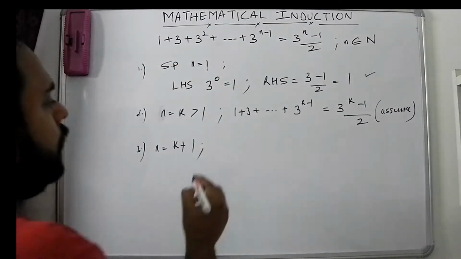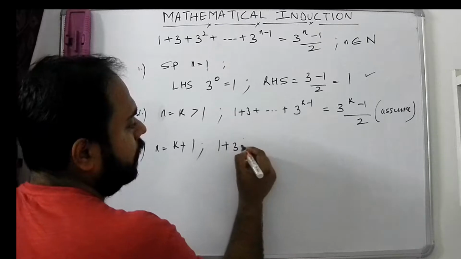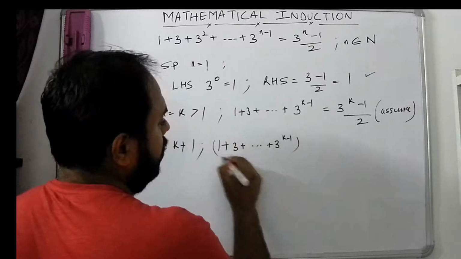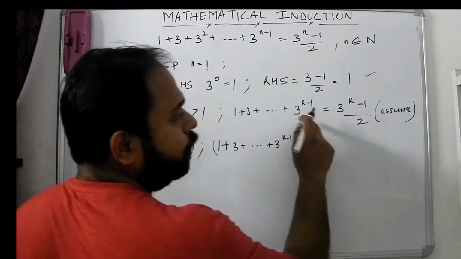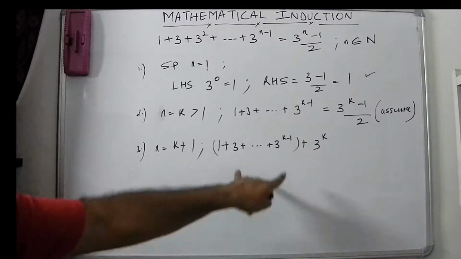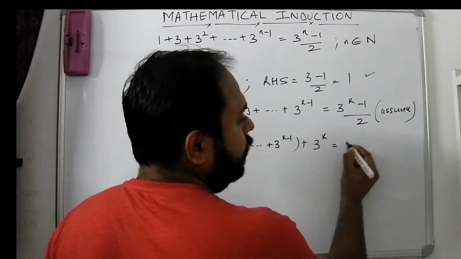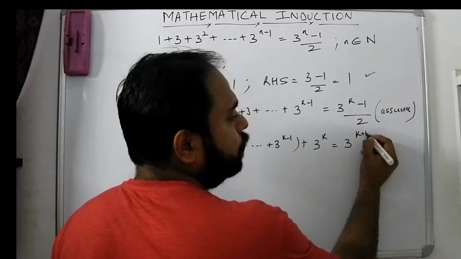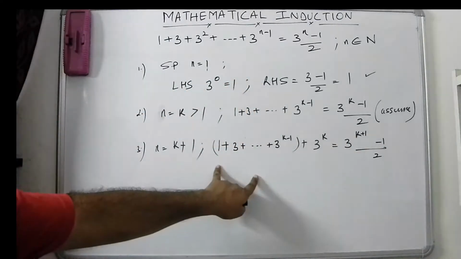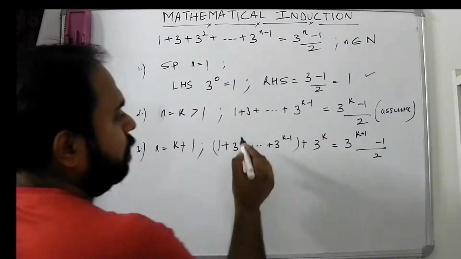So this becomes again 1 plus 3 up to 3 to the power k minus 1, and this whole thing plus 3 to the power (k plus 1) minus 1, which is nothing but 3 to the power k. This is something that we need to prove to be equal to (3 to the power (k plus 1) minus 1) whole divided by 2. Now what happens is simple, something we have done many times.